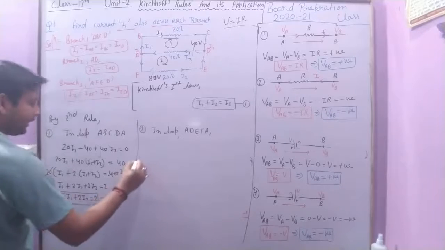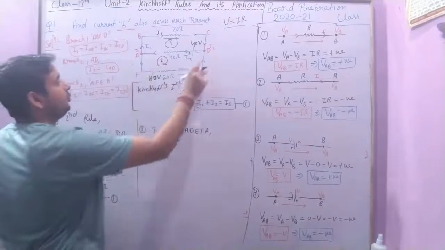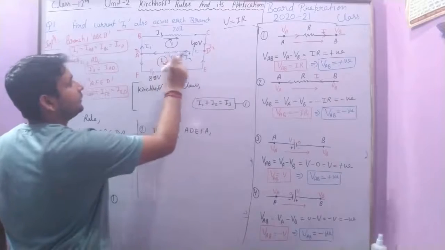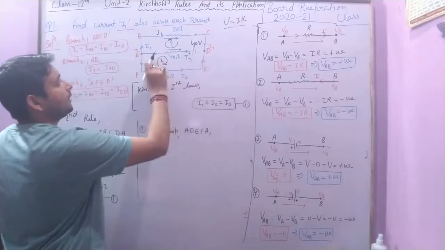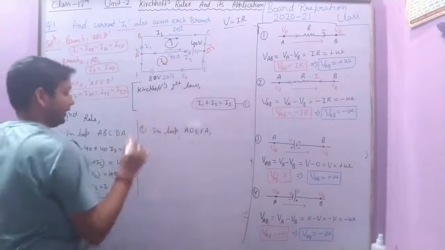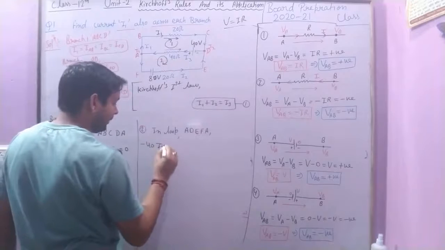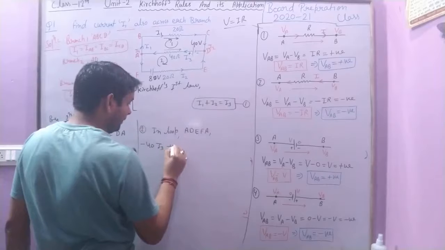Okay. And in the second loop, just see, we are moving from this to this. Therefore, when we are moving first in the opposite direction, our direction is from A to D, but the current is moving from D to A, so minus 40 I3. Okay, and then positive to negative terminal, plus 40.